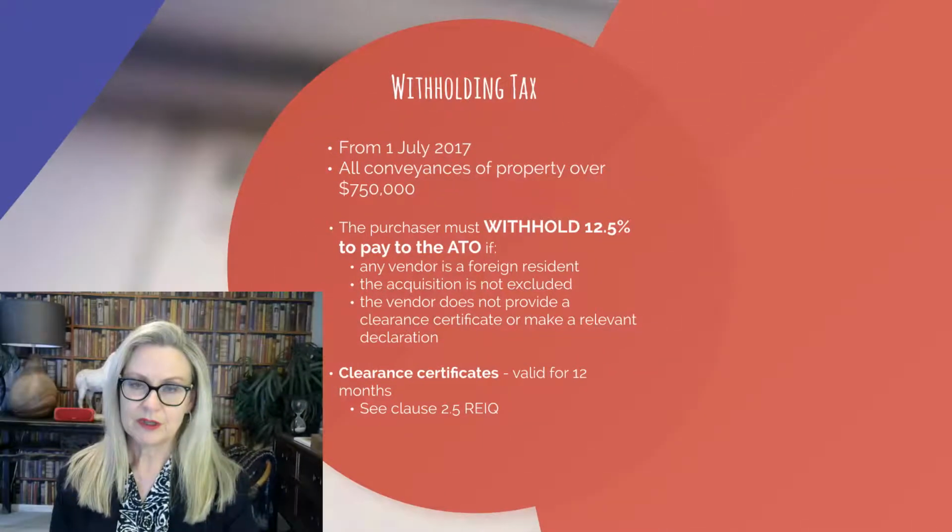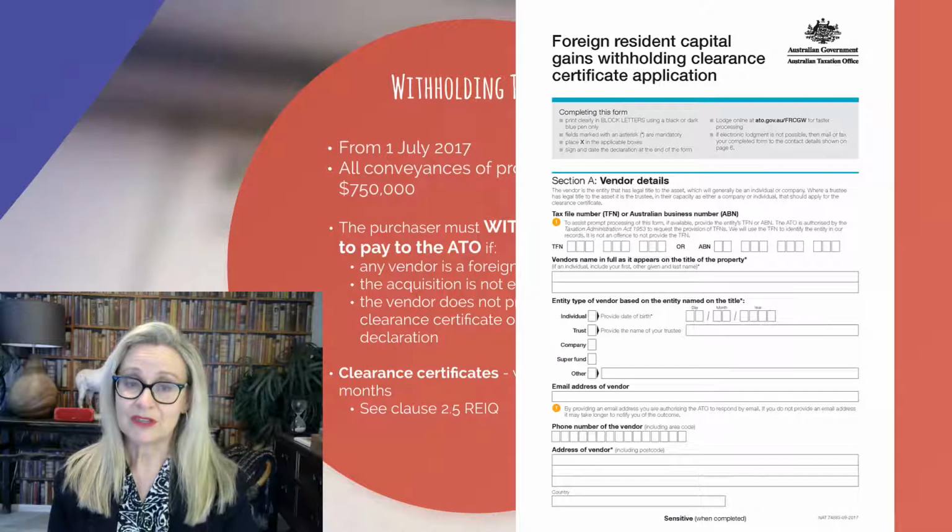Now, there is a withholding regime that has applied for a couple of years now. Any property over $750,000, so many properties are subject to this regime. The purchaser has to withhold 12.5% of the purchase price if the vendor is a foreign resident and the vendor doesn't provide a clearance certificate or make a relevant declaration.